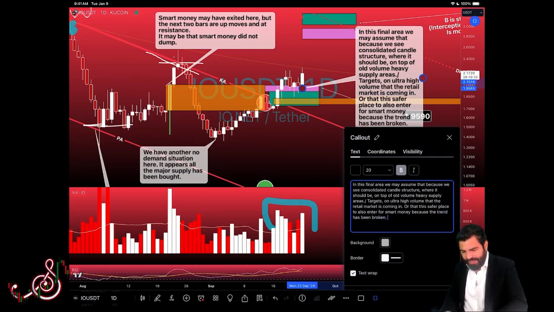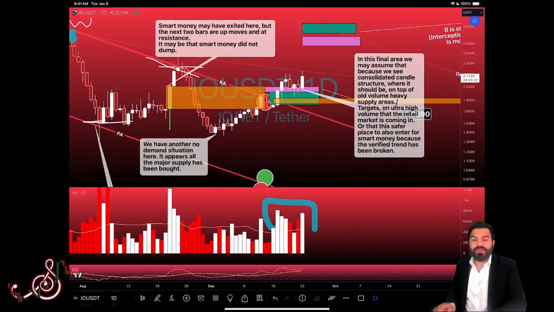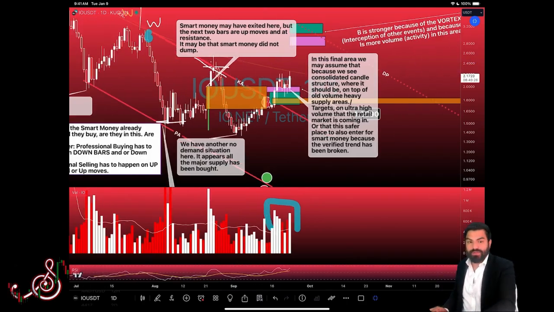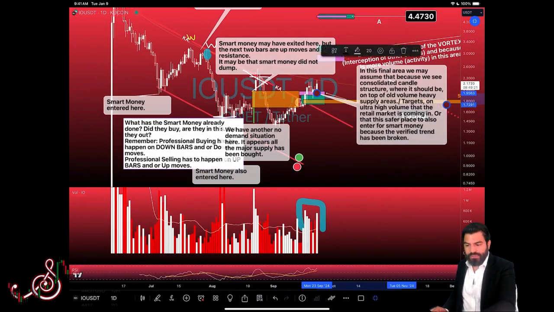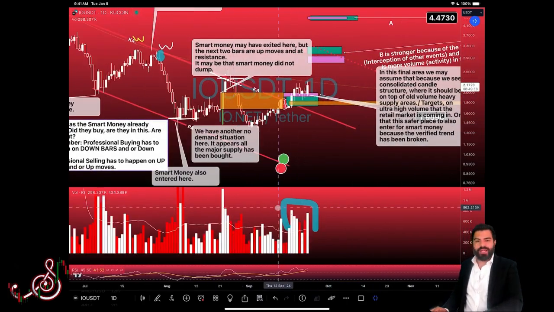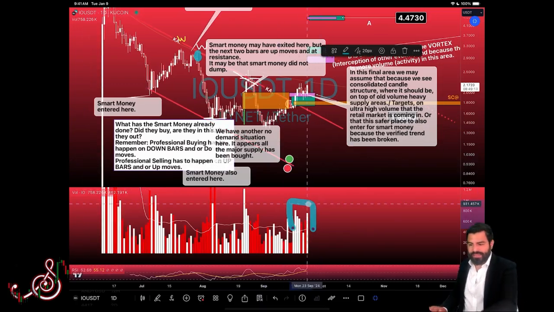I should say the verified trend is broken. So sometimes we will see professional money or the bulk of retail enter only after it's safe. And in this case, that appears to be the case. Why are we having ultra high volume now? We're not at a major resistance. It's that, okay, now it's safe to enter in this area.